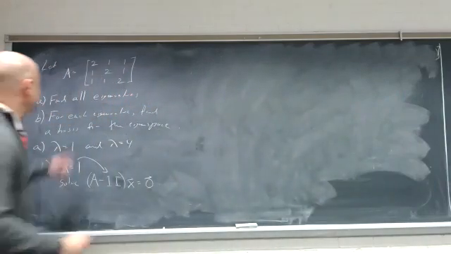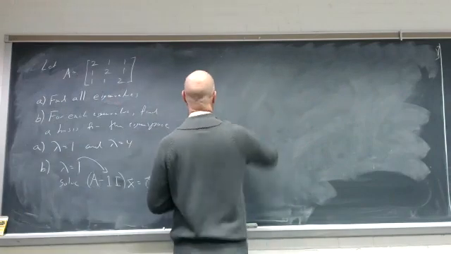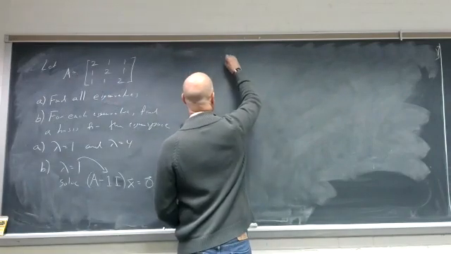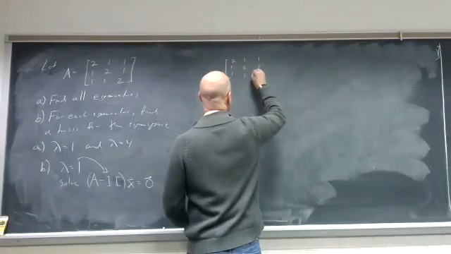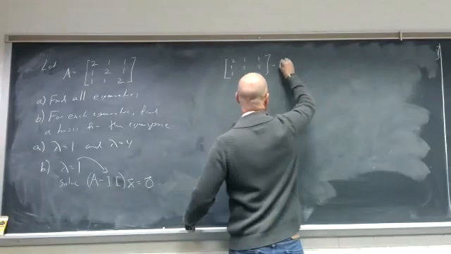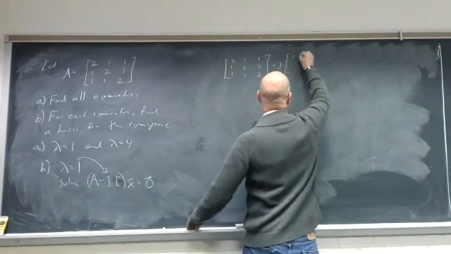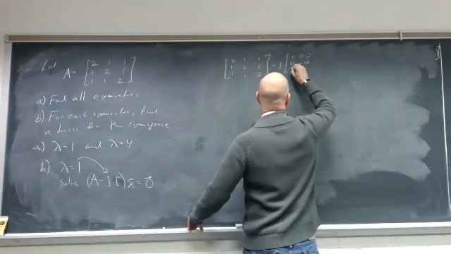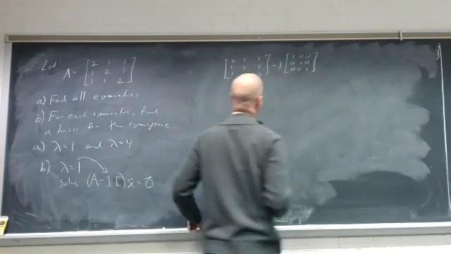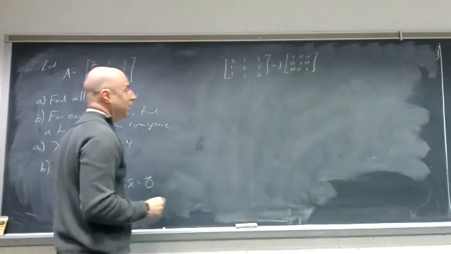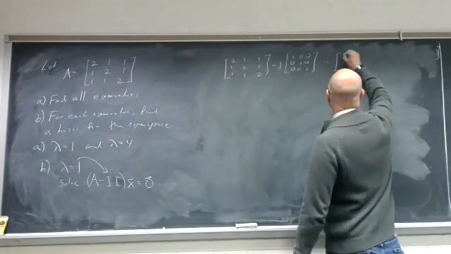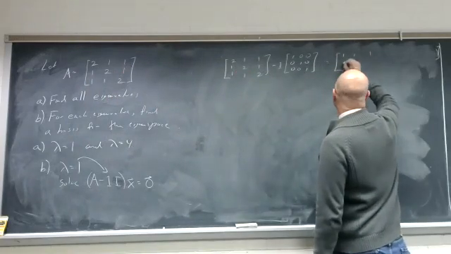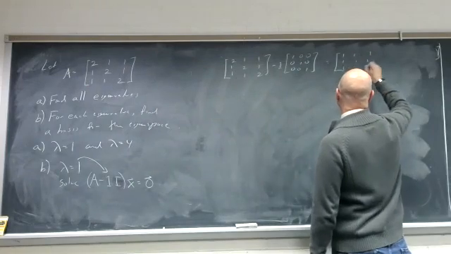Okay, so let's just take A and subtract off 1 times the identity. So that's just going to be 2, 1, 1, 1, 2, 1, 1, 1, 2, minus 1 times 1, 0, 0, 0, 1, 0, 0, 0, 1. And that gives us the matrix 1, 1, 1, 1, 1, 1, 1, 1, 1.